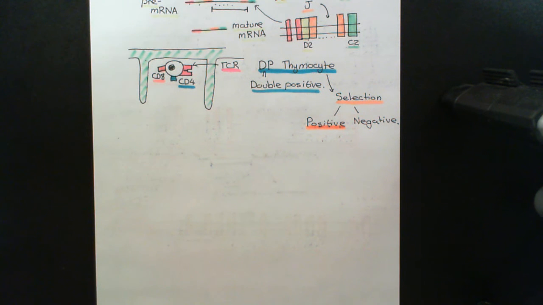So we want to make sure that the T cells that we are eventually putting into the bloodstream have T cell receptors that will only very weakly bind to MHC complexes where the peptide fragment is a self-peptide fragment, and therefore it's unlikely that self-peptide fragments will be able to activate that T cell.